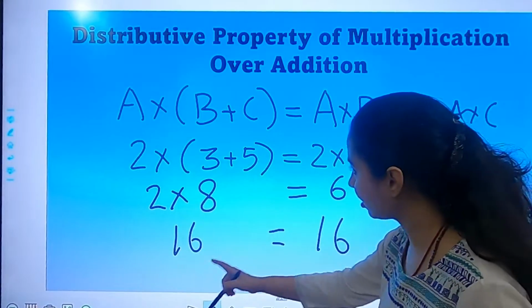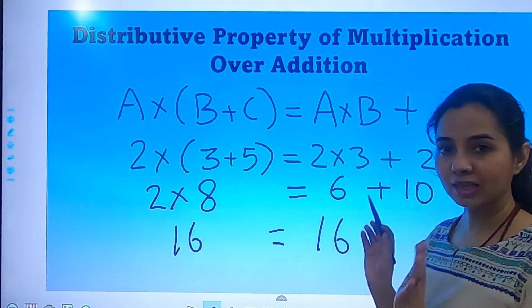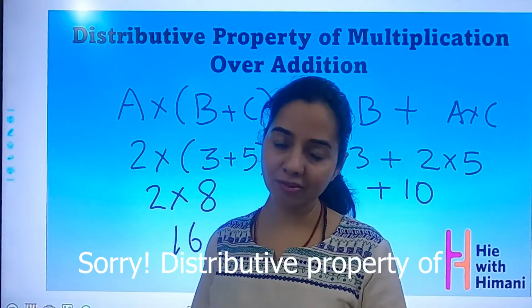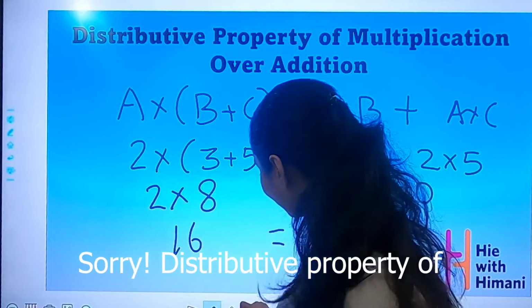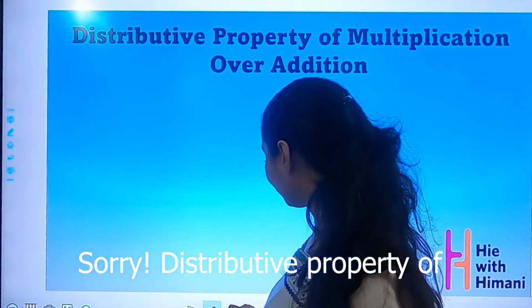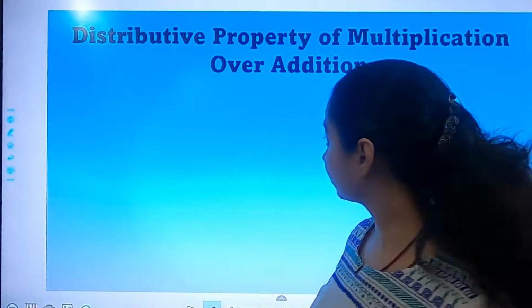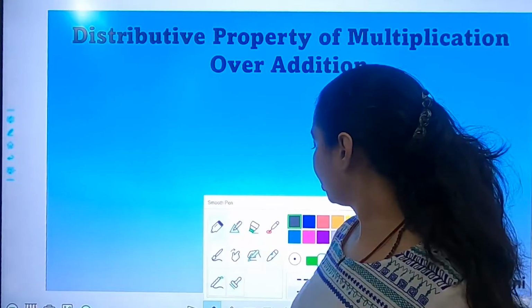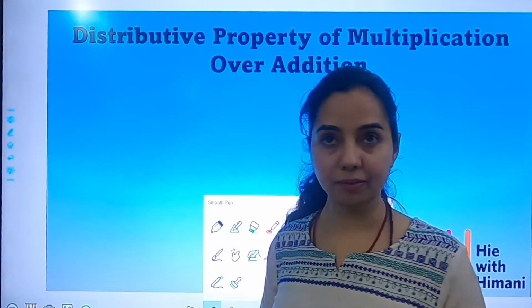See, 16 here also, 16 here also. This is a very interesting property and again a very practical one.